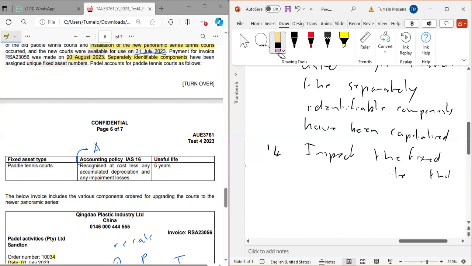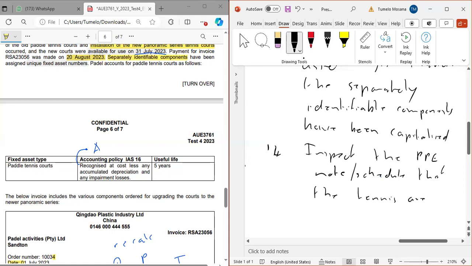You would inspect the PPE note, right, or the schedule, that the tennis courts are accounted for at the net depreciation amount, right?